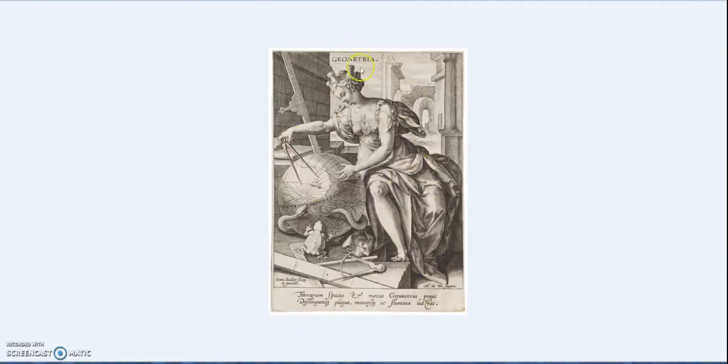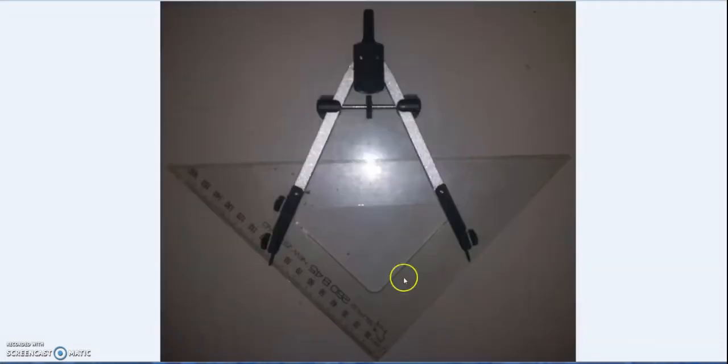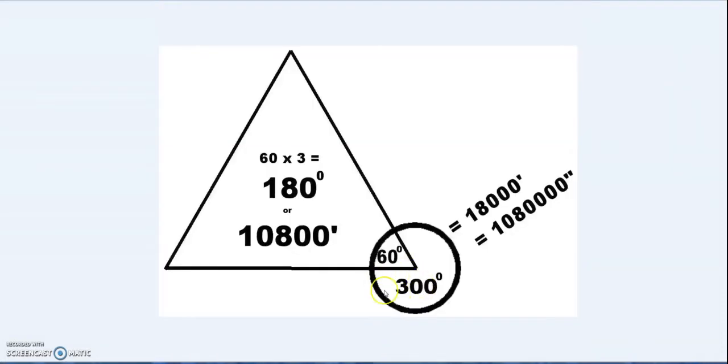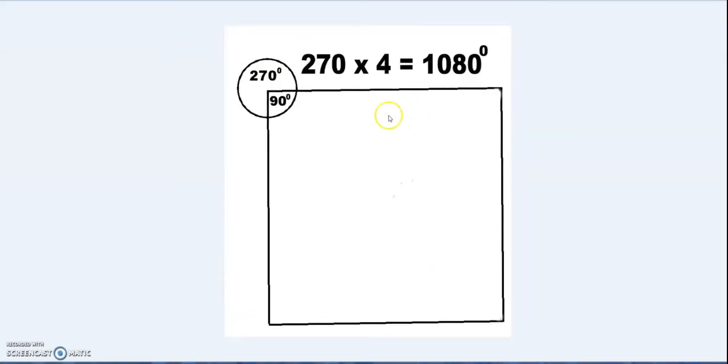And for instance, in geometry, why is 108 so important? Well, we begin with a triangle, so 180 degrees. There are 60 minutes per degree and 60 seconds per minute, so that's again 108, defining the outside of a triangle.